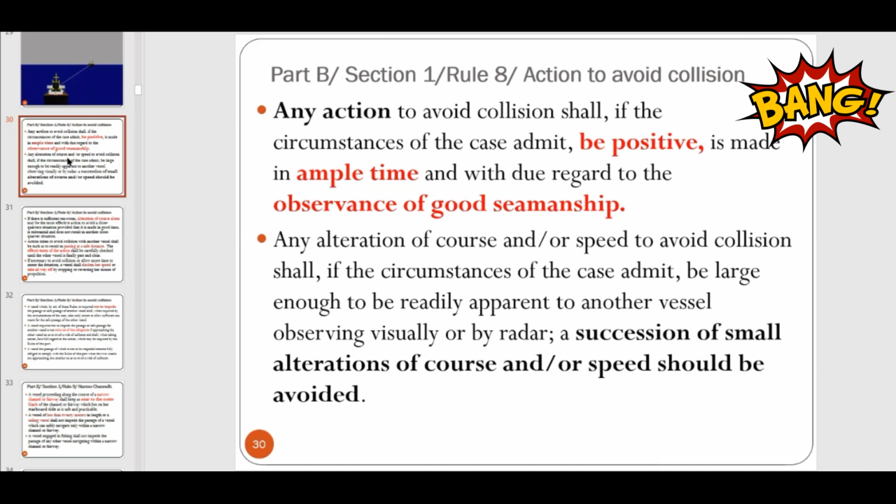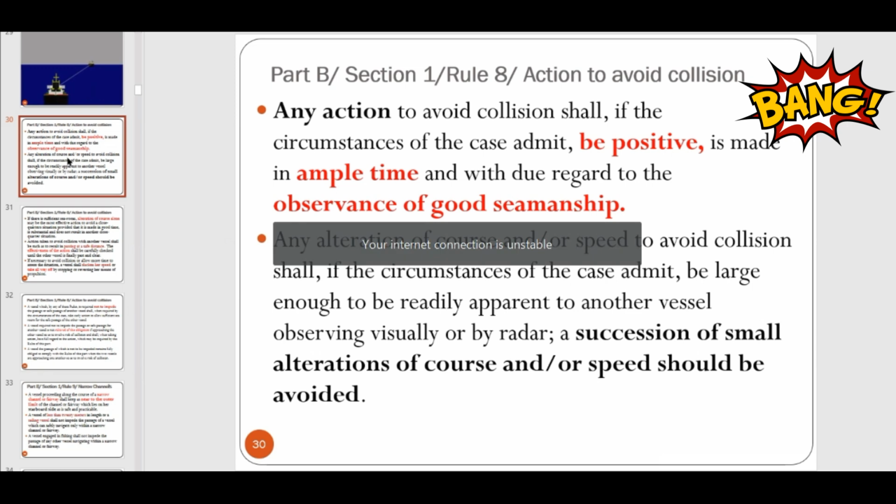So that should be avoided. A succession of small alterations: now 5 degrees altered, now a little RPM reduced, and after that, a succession of course and speed changes should be avoided, because that will make that vessel confused.